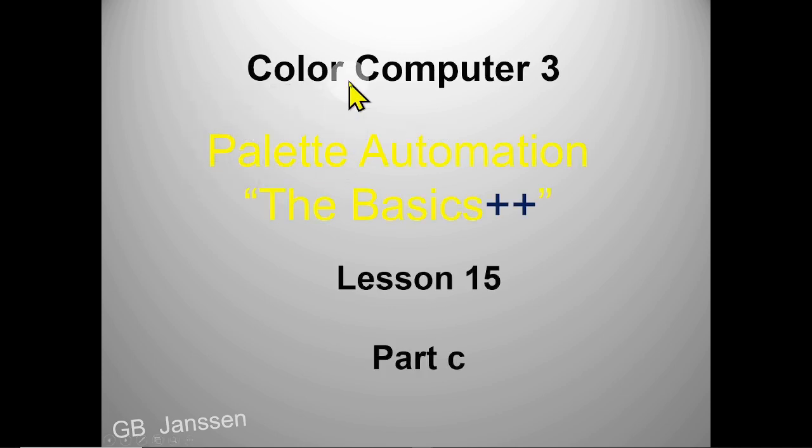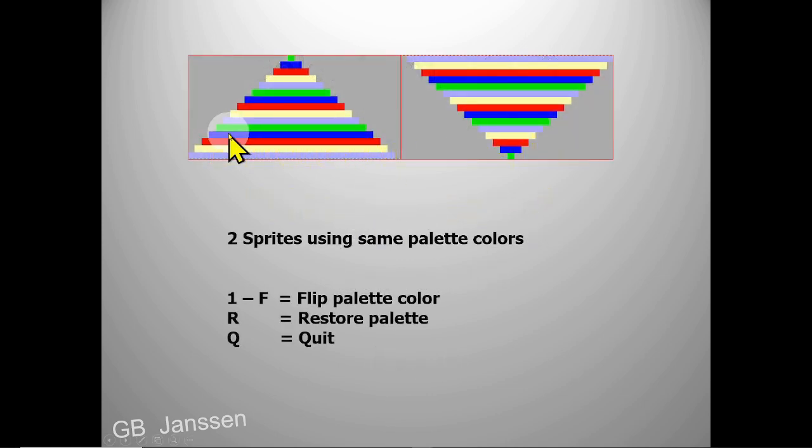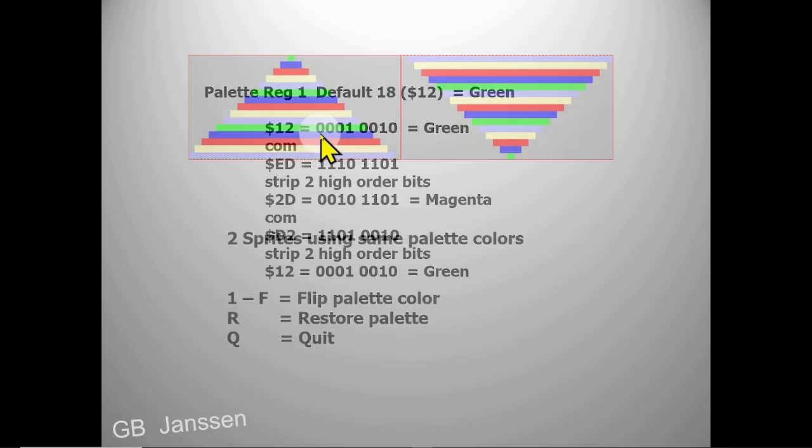Next time we'll be doing palette automation and basics, and we'll get two pluses, a plus plus, and it's going to work with two sprites. We're going to change our sprite, our pyramid, upside down, and we're going to do some flipping of the palette colors, for just a little bit different visual effects, but showing more how we can work with the palettes.